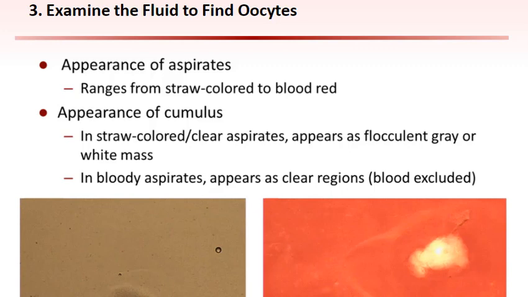In shallow volumes of fluid, the clear masses, excluding the blood, are quite obvious. However, as the depth of the red fluid increases, smaller masses of cells are less obvious. Therefore, it is advantageous to examine follicular aspirates in volumes that are not too deep.